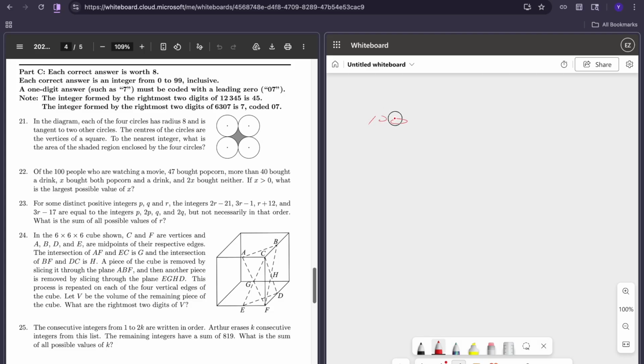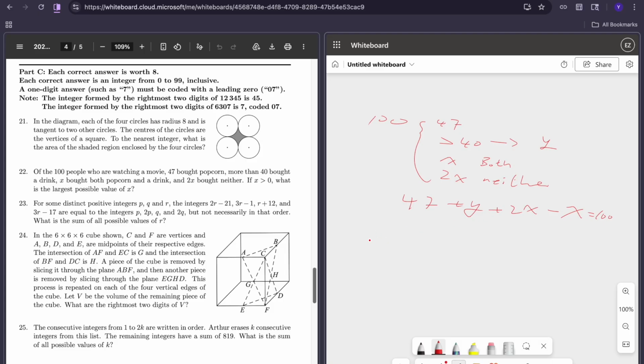There are 100 people here, and among the 100, 47 of them bought popcorn, more than 40 bought a drink, x bought both, and 2x bought neither. So we say the people who bought a drink are y. 47 plus y plus 2x for neither, and then minus x for the overlap, and this should equal 100.